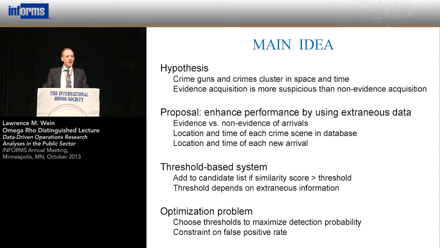So our proposal is, when you calculate the similarity score between your new cartridge casing and something in the database, we propose a threshold system where you take into account not just a constant threshold like the system runs now, but a threshold that is a function of how distant in space the new crime and the old crime were, how distant in time, and whether it was from a crime scene or not.